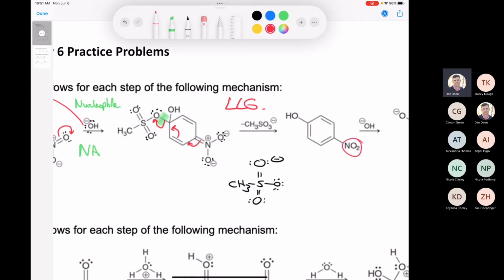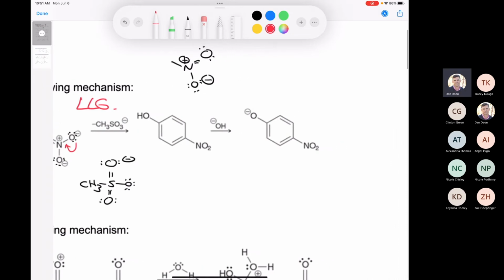And then since we have NO2, and we know that NO2 has a double bond and a single bond to oxygen, like this, that means that we have to make a pi bond. So we're going to make this pi bond here between the nitrogen and oxygen. So that's a loss of leaving group that involves 4 curved arrows.